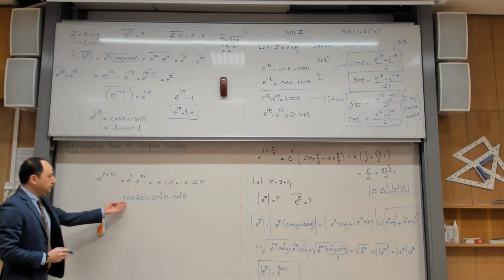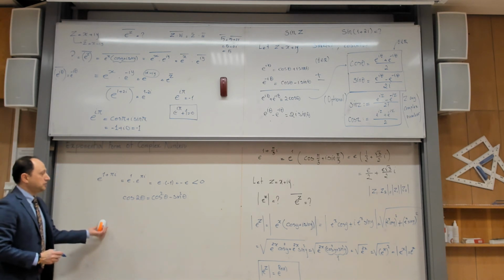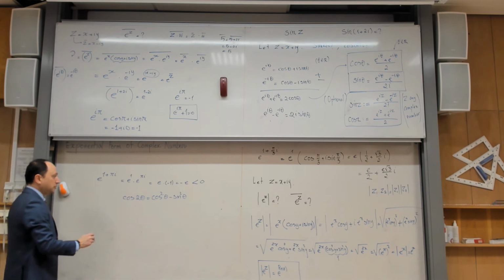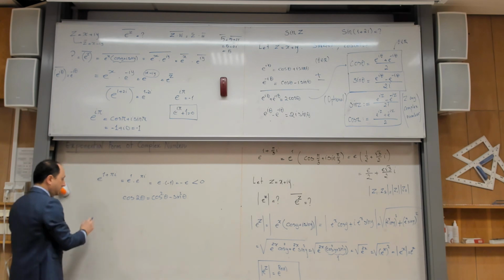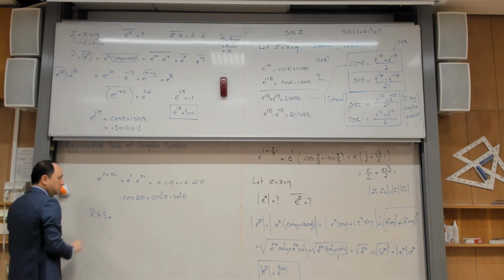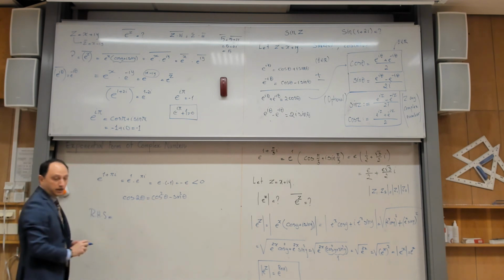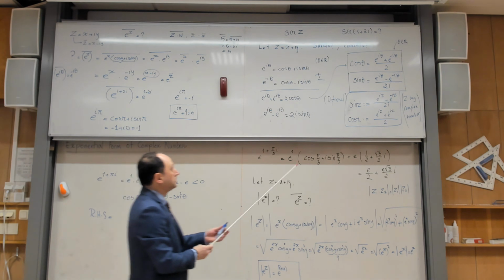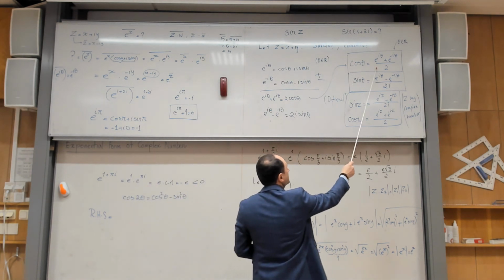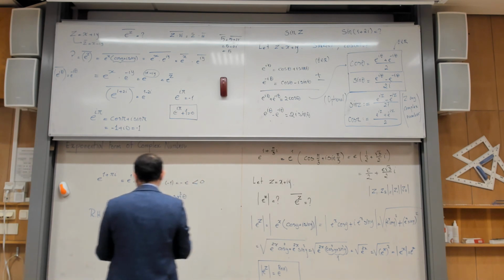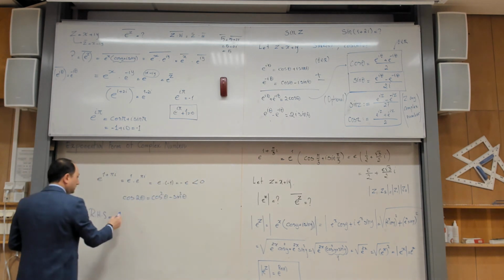But now we can prove this using complex numbers in a different way. How? For example, let me start from the right-hand side. Instead of cosine theta, I can write this formula, and for sine theta, I can write this. Let me just put them here. So the right-hand side will read like this.